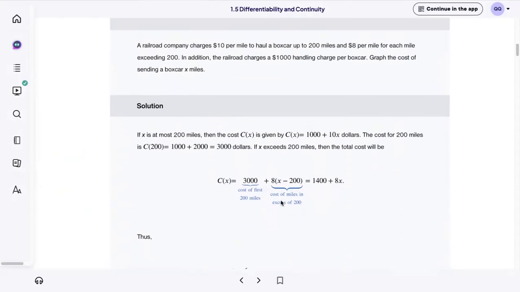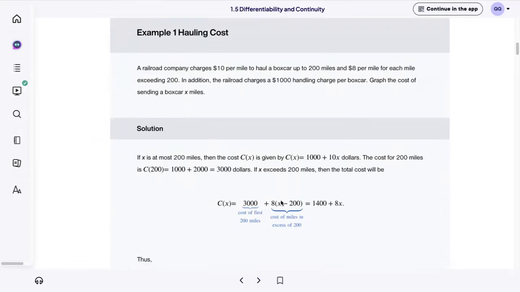All right, so back again to the live application. A railroad company charges $10 per mile. This is the rate of change, $10 per 1 mile. If it's x miles, that would be 10x.